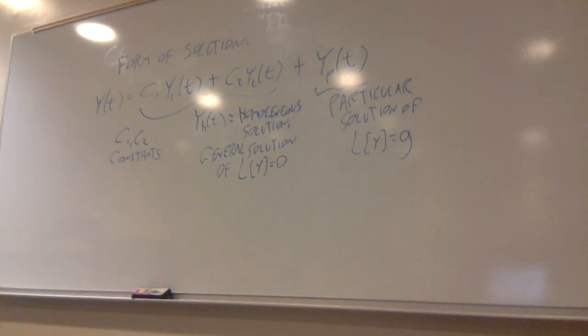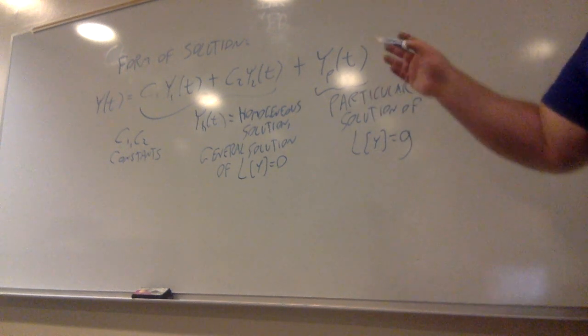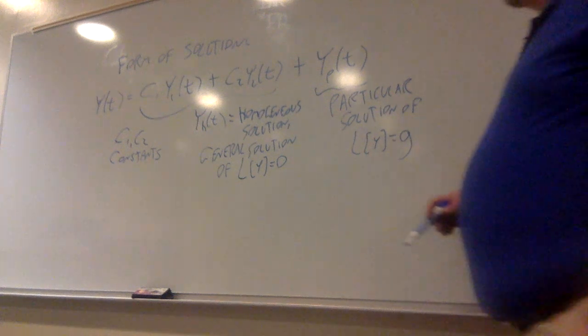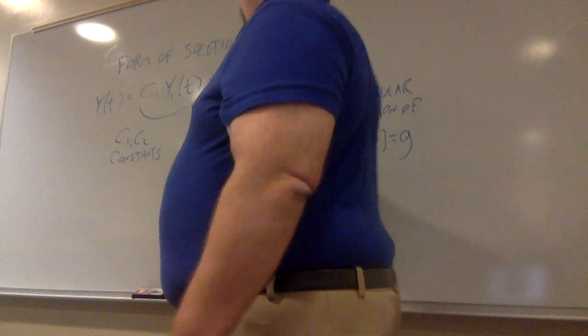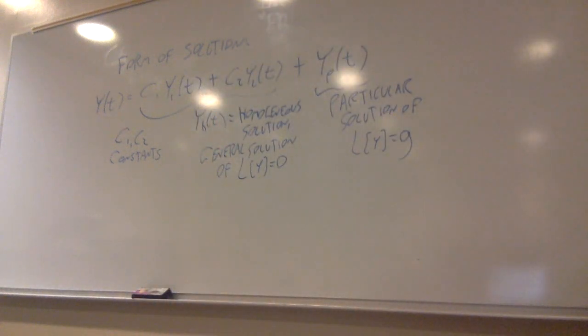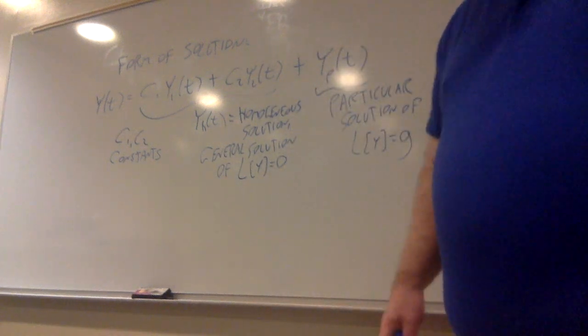It doesn't describe all solutions, it's just one solution. And toward the end of the chapter, I'll show you two techniques for getting that. And then we put them both together, and now we've described all solutions to Ly is equal to g. If you're given initial conditions, then you can use them to figure out values of C1 and C2.